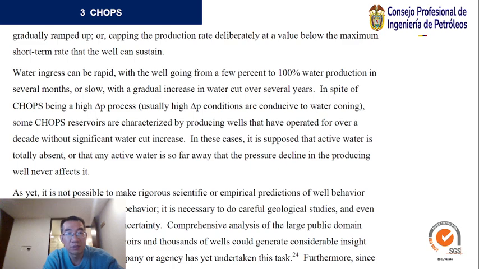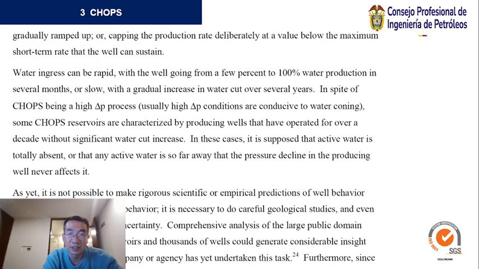Water ingress can be rapid, with the well going from a few percent to 100% water production in several months, or slow, with a gradual increase of water cut over several years. In spite of CHOPS being a high drawdown process, some CHOPS reservoirs are characterized by producing wells that have operated for over a decade without significant water cut increase.